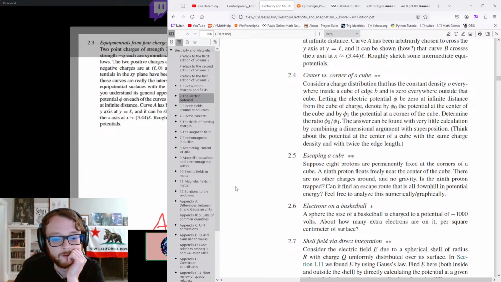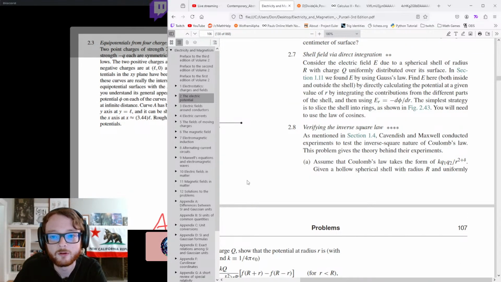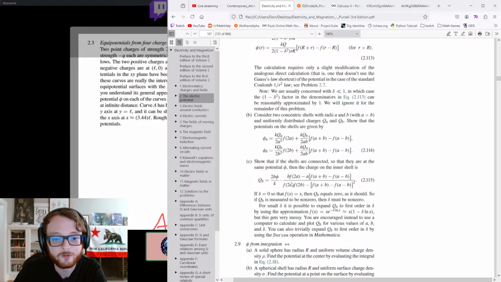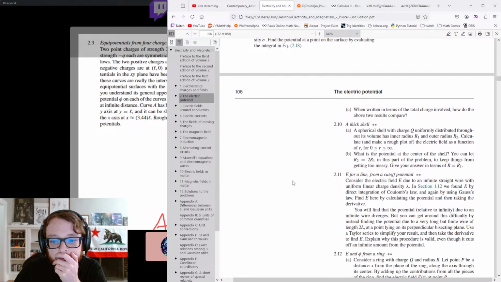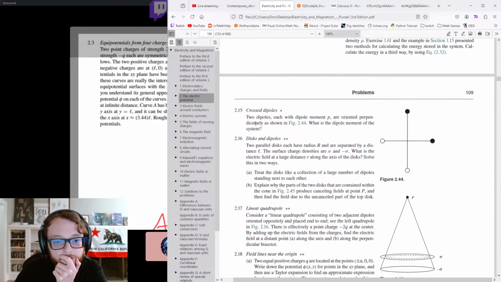Is there a one-star dipole problem? Let's see. Shell field, that's probably not dipole. Phi from integration, effect shell. I feel like I chose a dipole. Okay, one-star dipole, 2.15. Yes. Let me get a screenshot, get it in Discord.